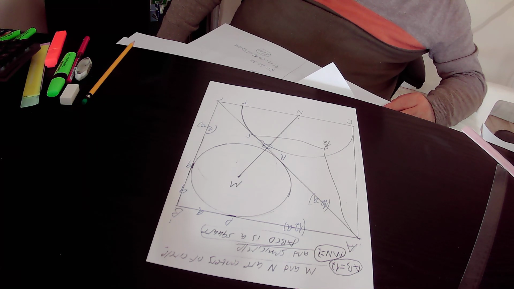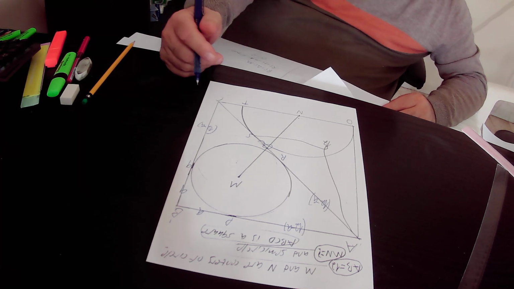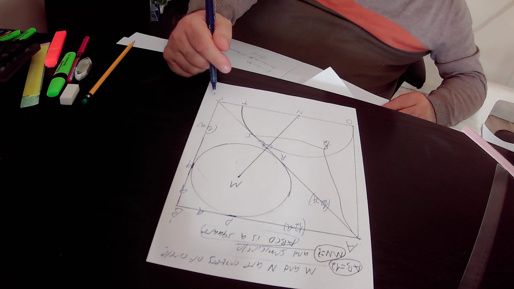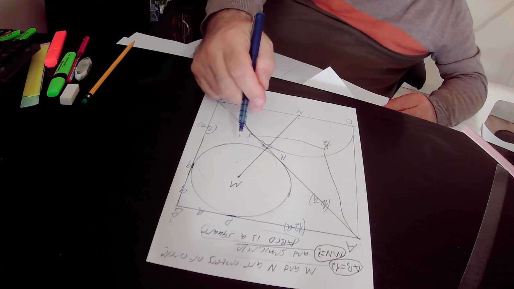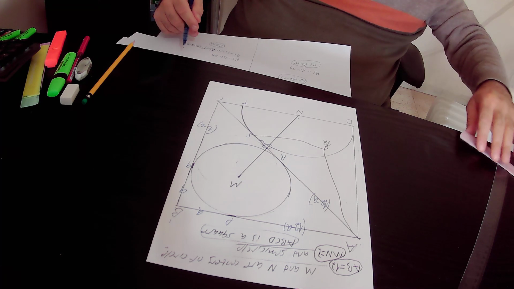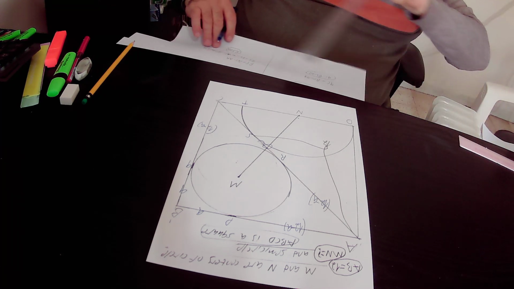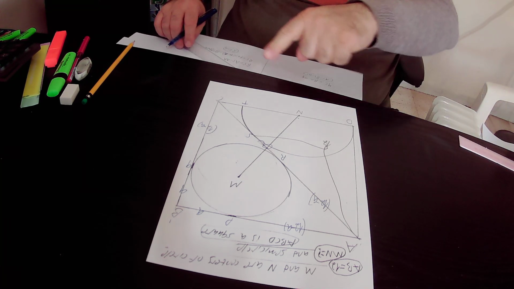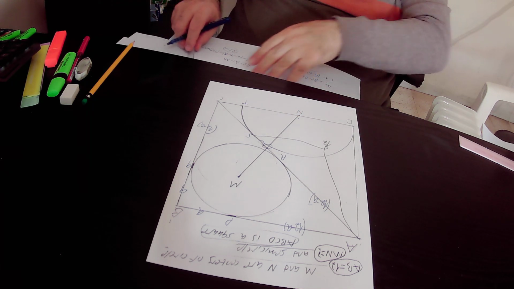We will focus on point C. Point C is an external point in relation to this circle, and from point C we have two tangents to this circle.